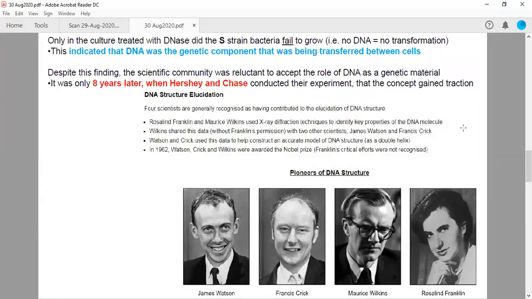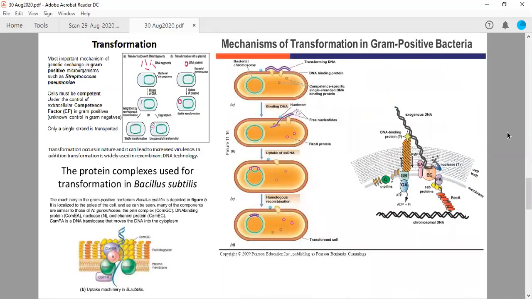Right. So this is how people understood that transformation is actually happening, and DNA is the actual material which is being transferred from one cell into another cell.